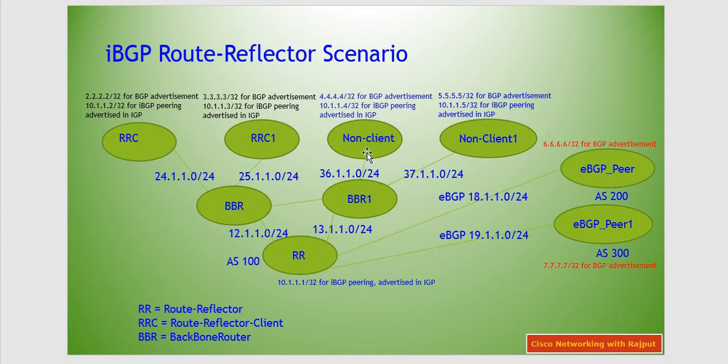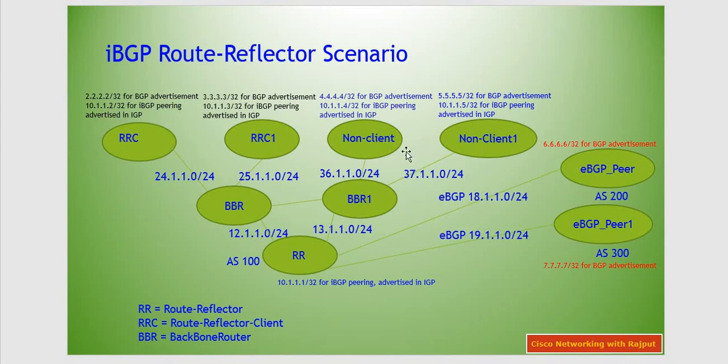And on the other hand, it knows about the non-clients. Both the non-clients 4.4 and 5.5 are advertised to RR, and RR relays the same information to RRC. So that simply means clients will have the complete picture. It will have the complete updates from RR.